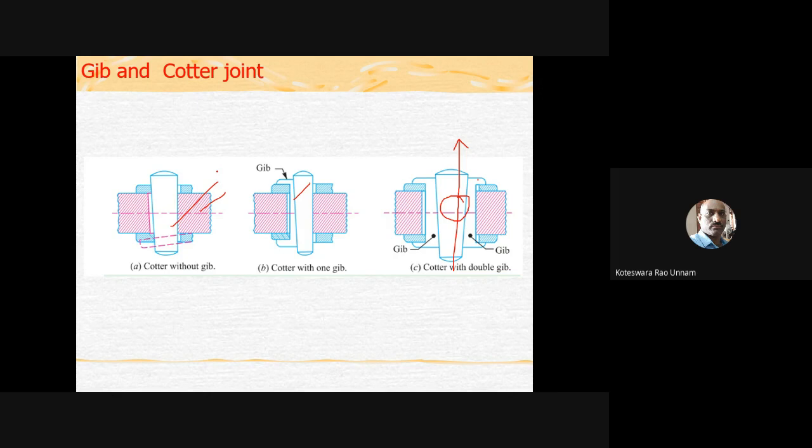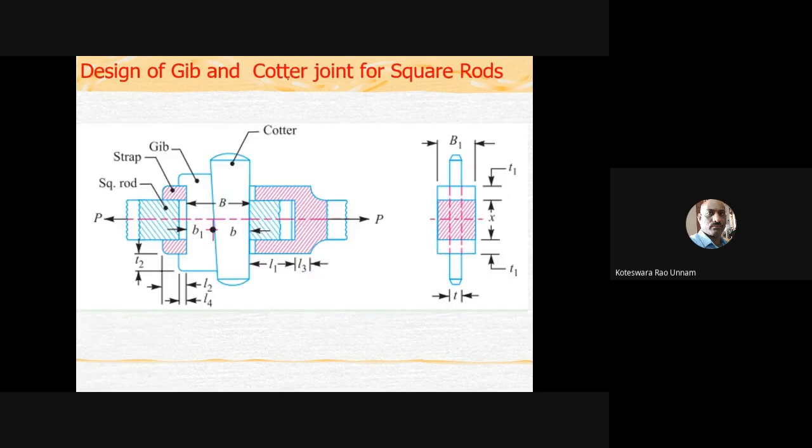As long as the cross section is circular, the bending stress is not that influential in these cotter joints. Whenever there are square rods, you need to use the jib in order to eliminate that bending stress. So this is the purpose of providing the jib in the cotter joint, and now we'll see the design of the jib and cotter joint also.